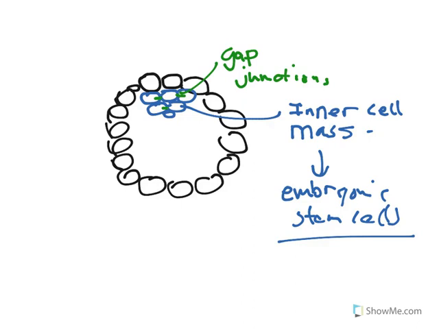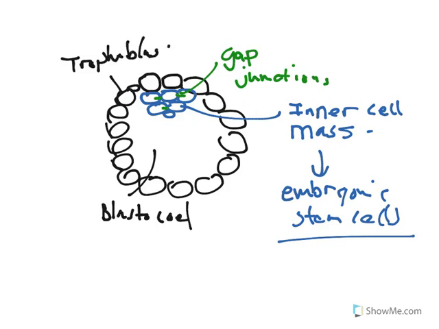These are the embryonic stem cells of the inner cell mass found in your blastocyst cavity or the blastocyst. So we'll make sure we have blastocyst right here. So this blastocyst has your trophoblast. We want to make sure we have that so we know what we're looking at. Your trophoblast, your blastocyst, and your inner cell mass.